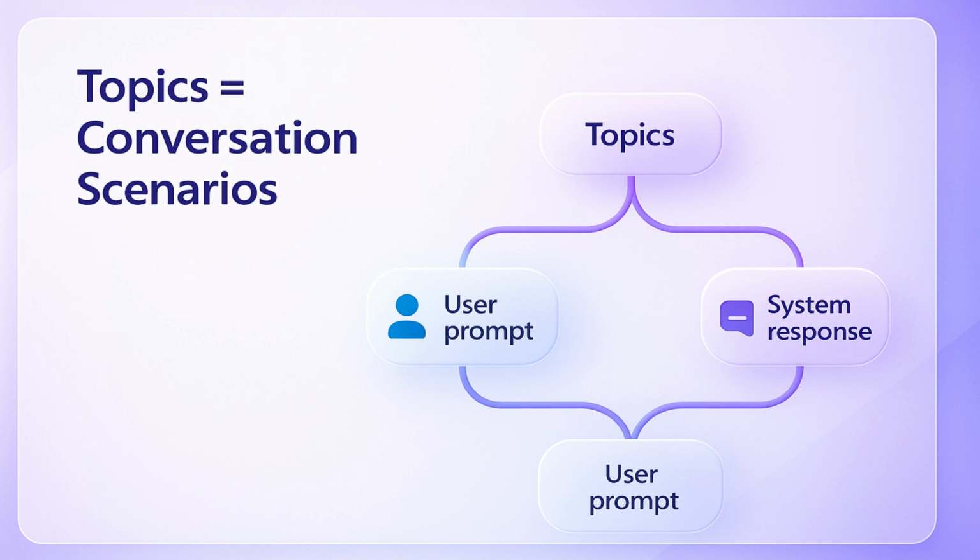Topics are basically known as conversation blocks. These are the building blocks of your conversation flow. Each topic defines a conversation scenario like check ticket status, reset password, or track an order. In the new model, topics can be written manually or generated using natural language.